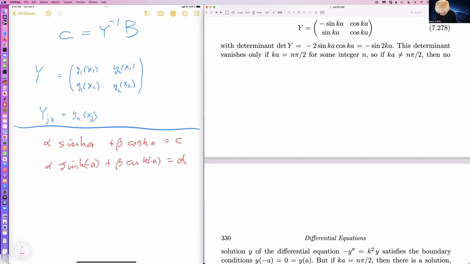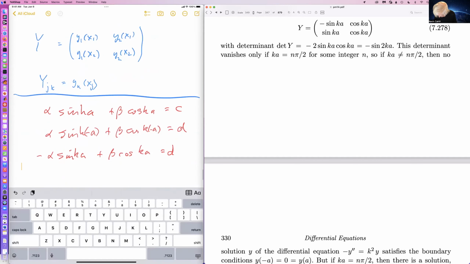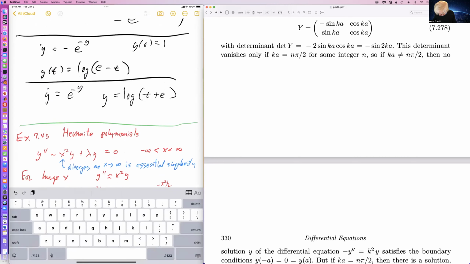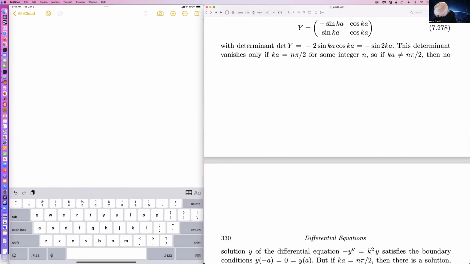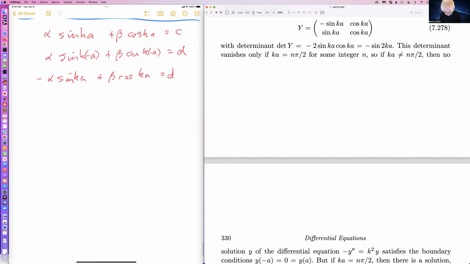This second equation is minus alpha sine Ka plus beta cosine Ka, and this is equal to D.